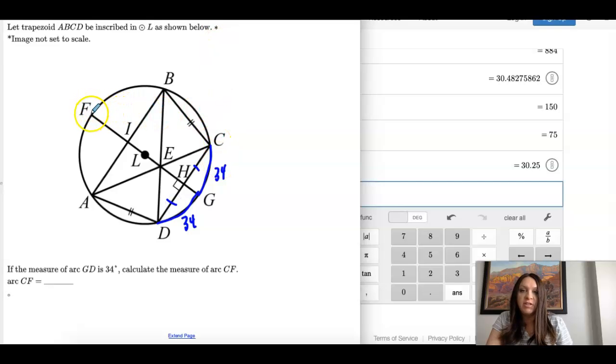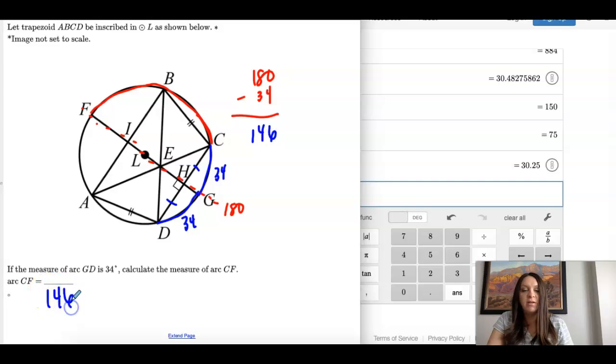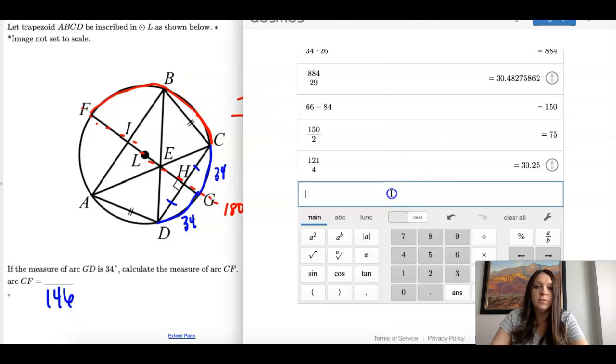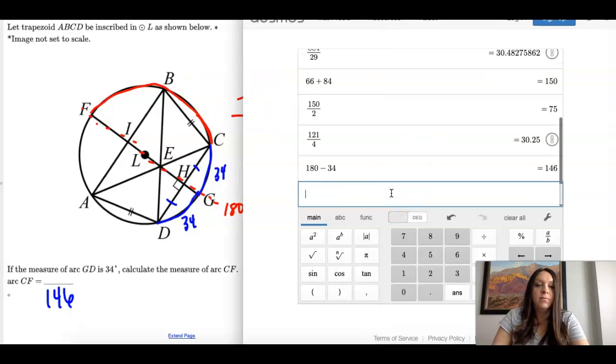And we want to find arc CF. So this problem we do a couple times. We take 180 because that's half the circle, and we minus 34. So that would be 146. And you would type that in.